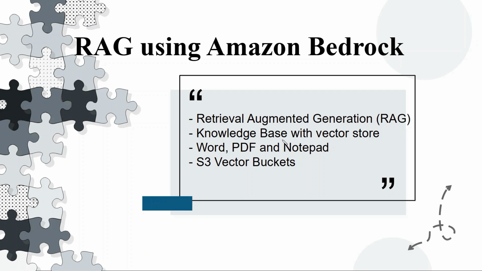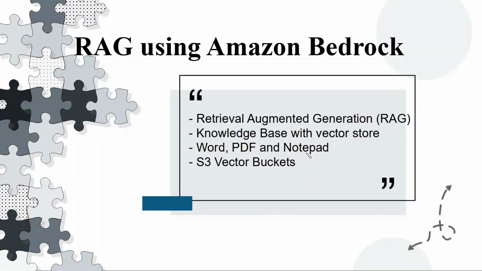Today, we are going to explore some categories of RAG. One of the categories of RAG in AWS is called Knowledge Base with Vector Store. In that option, we are going to use our Word file, PDF file, and Notepad file as internal data.